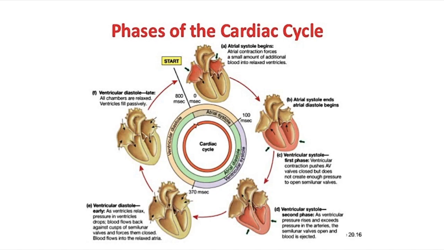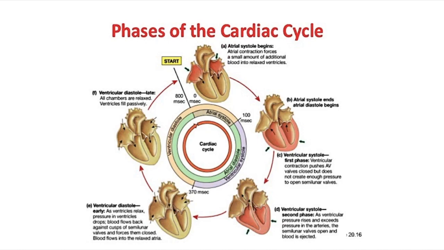When the ventricular pressure rises above that in the pulmonary artery and in the aorta, the pulmonary and the aortic valves open and blood flows into these vessels. When the ventricles relax and the pressure within them falls, the reverse process occurs.